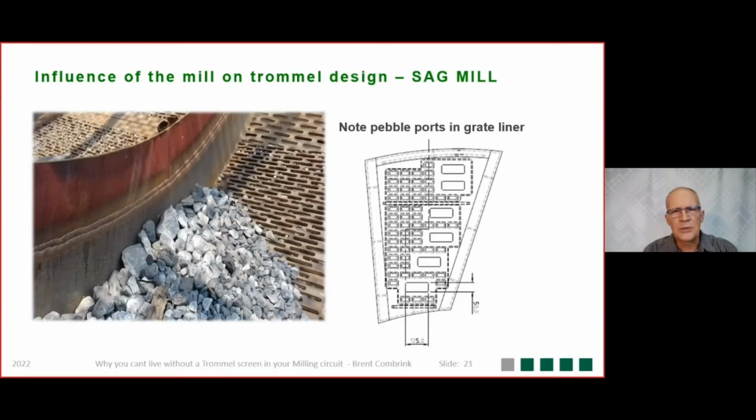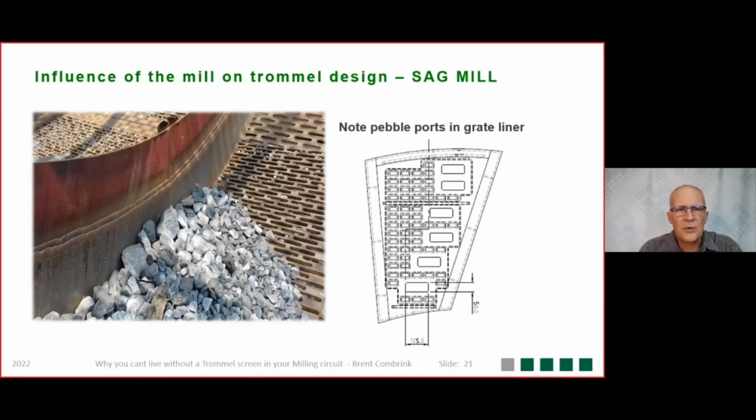Then on the pebble ports and grate line, what's significant on this picture on the left is the shape of those particles coming through the discharge grating. If your discharge grating and pebble ports are worn, you will see significantly sized particles coming through there, thus increasing the wear on your trommel screen. We have actually had companies that have installed steel plate designs.